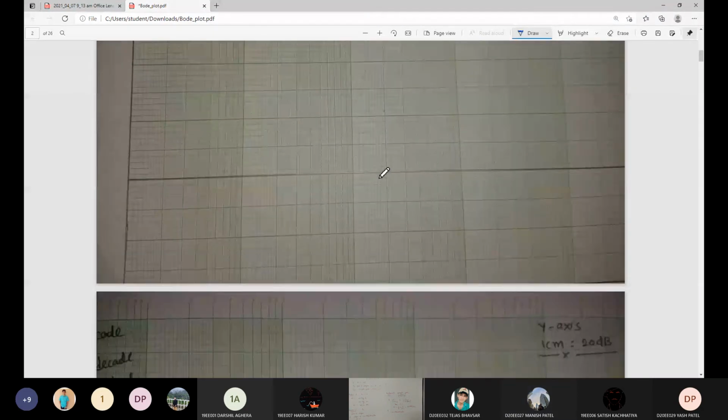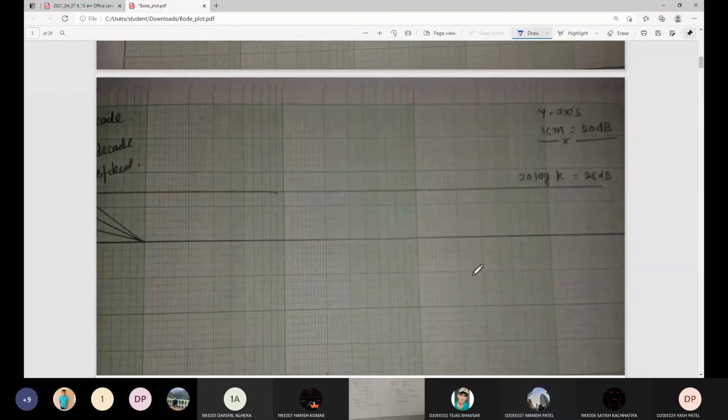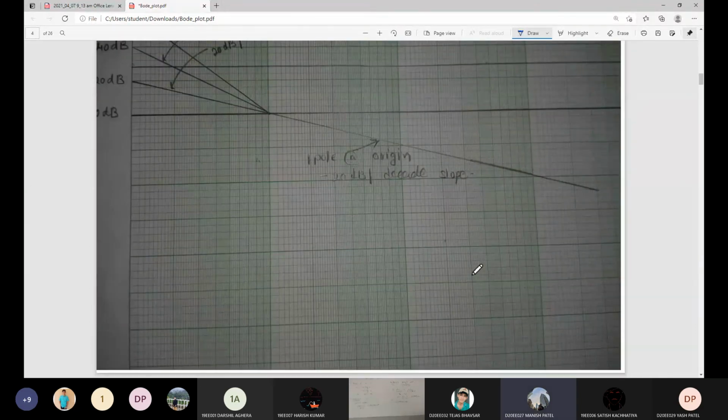No, sir. Okay. Next factor is what? Factor number 2. That is nothing but your pole at origin. What have we concluded for a pole at origin? Slope will be minus 20 dB per decade.